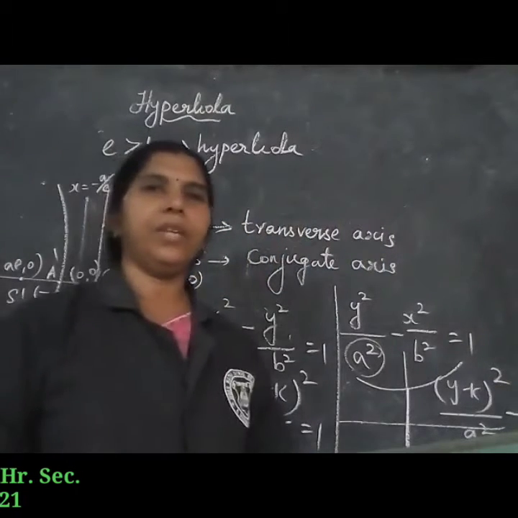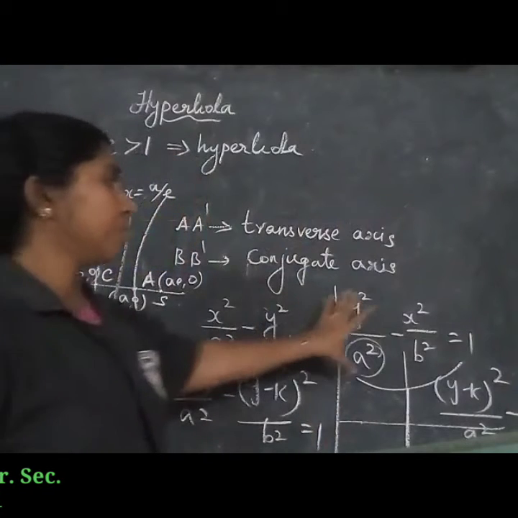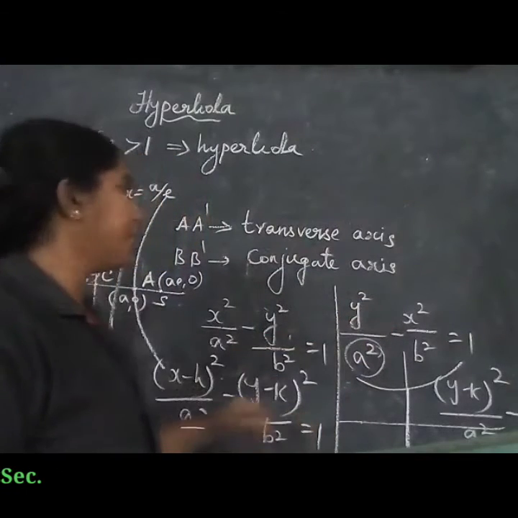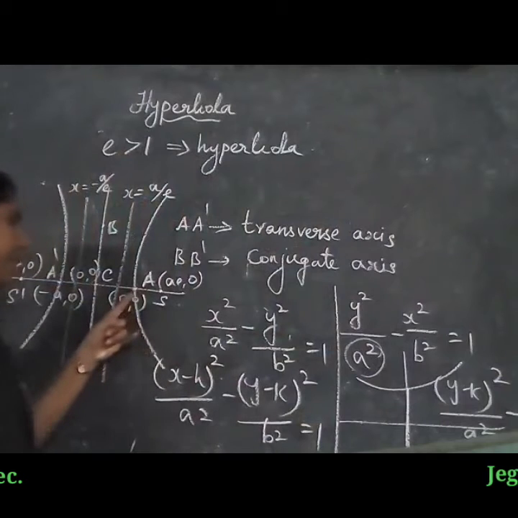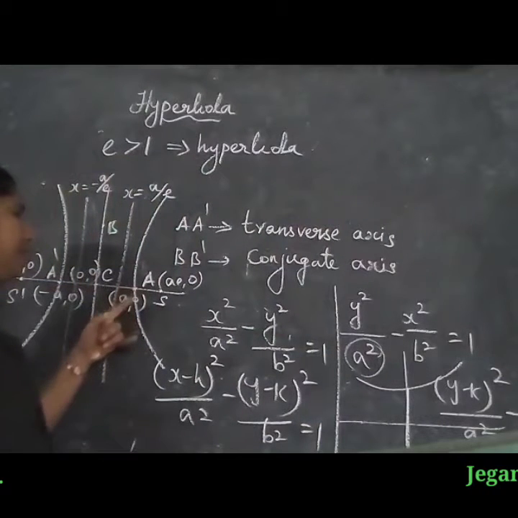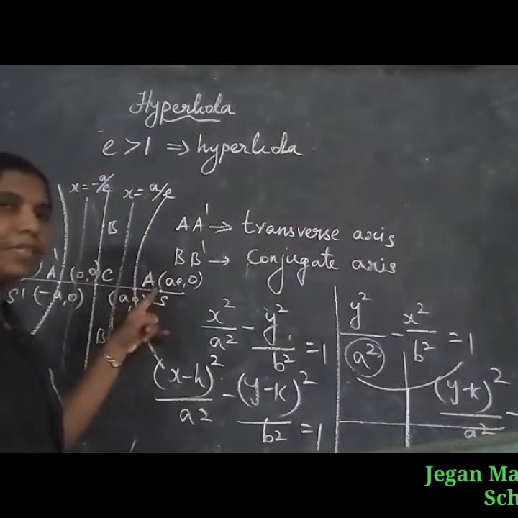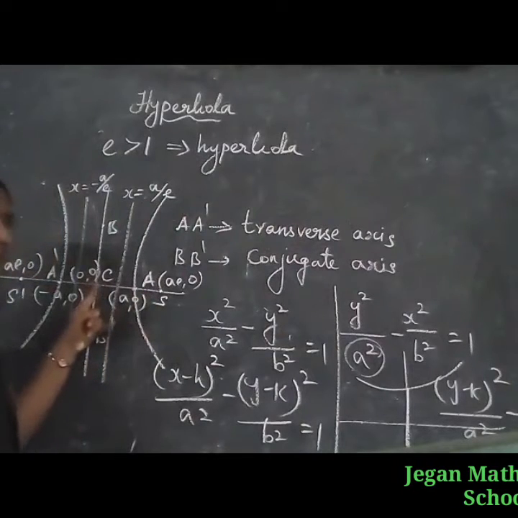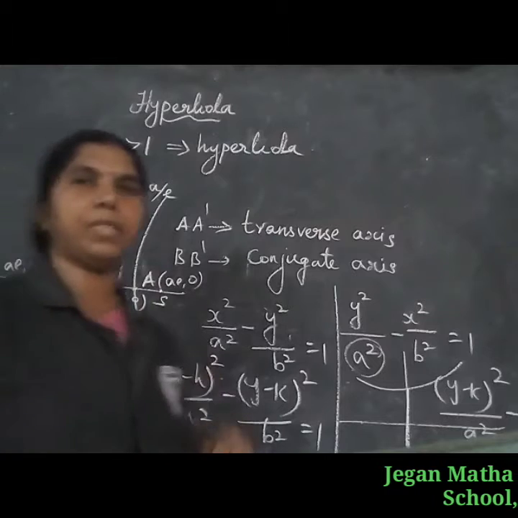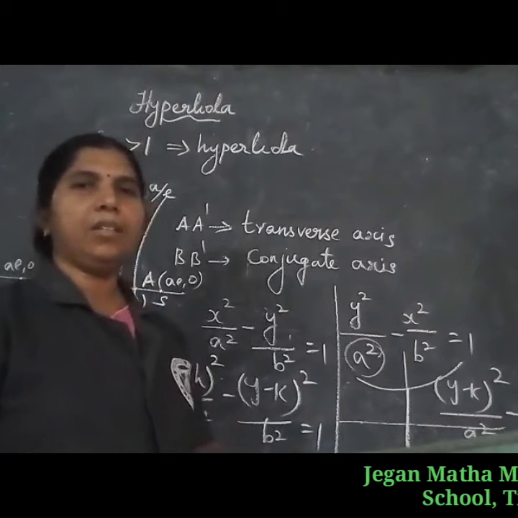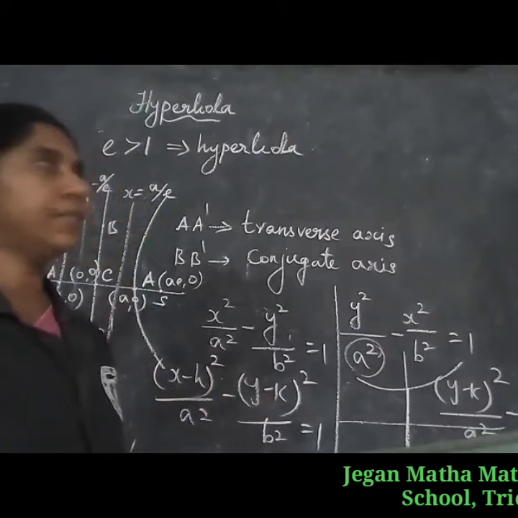Then how to find the eccentricity? Suppose an equation is given. From that, if you want to identify the vertices, the formula is plus or minus a, 0. Focus is plus or minus ae, 0. The center you can find as either 0, 0 or h, k. For this we need the value of eccentricity.